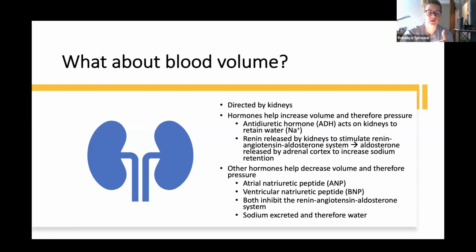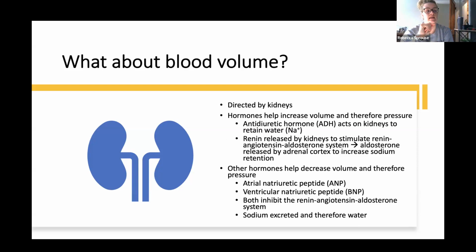Remember, water follows sodium. So that's ADH, antidiuretic, anti-urination, right? We're reabsorbing that water from the urine back into the bloodstream. And if we're reabsorbing water back into the bloodstream, our volume of blood goes up, and therefore our pressure can increase. So ADH is responsible for increasing pressure when pressure is too low.